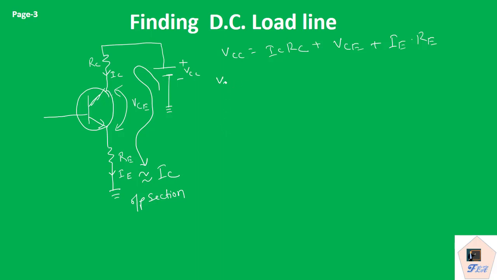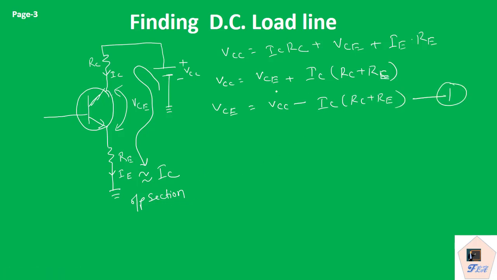So we can rewrite this equation as VCC equal to VCE plus IC into (RC plus RE). So this is equation 1, or we can rearrange this as VCE equal to VCC minus IC into (RC plus RE). So this is our output equation.